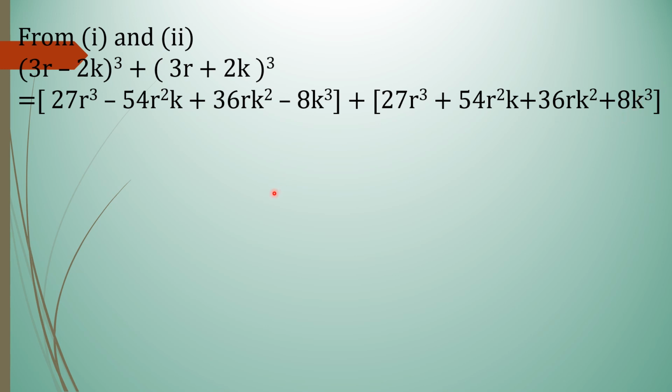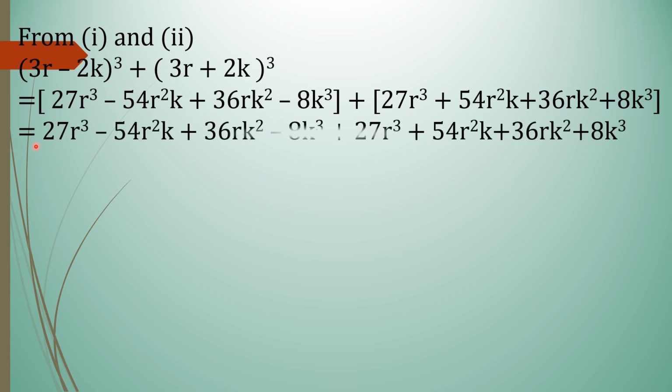Now we'll remove the brackets and bring the terms outside. So next step, your first bracket will come as it is with the same sign: 27 r cube minus 54 r square k plus 36 r k square minus 8 k cube. Now for the second, students, you can see this is plus over here. So when there is plus, same sign terms come out, so there will be no change in the signs here.